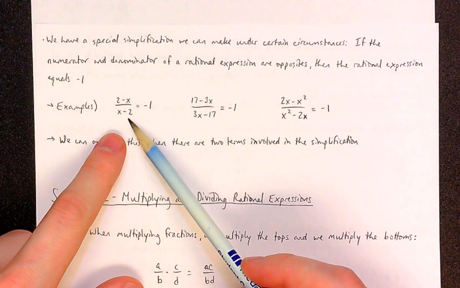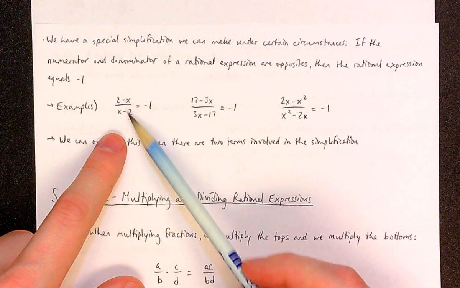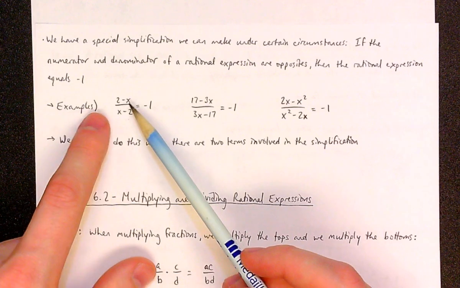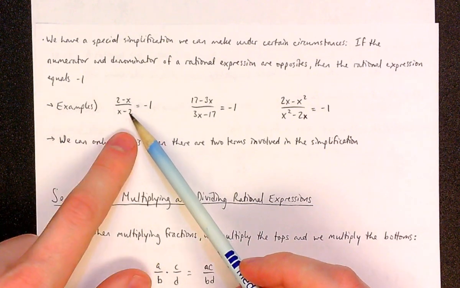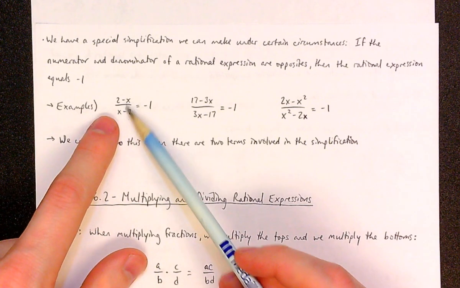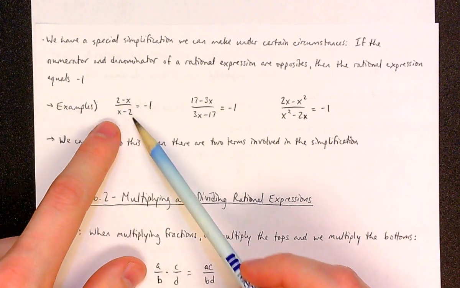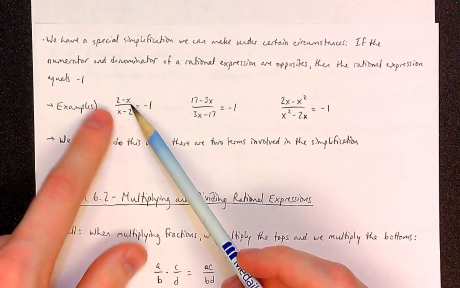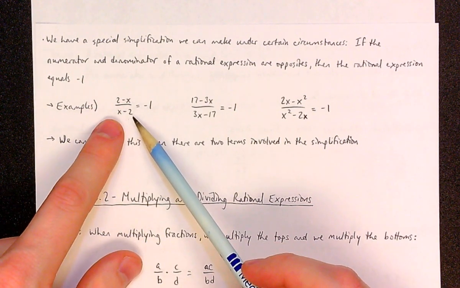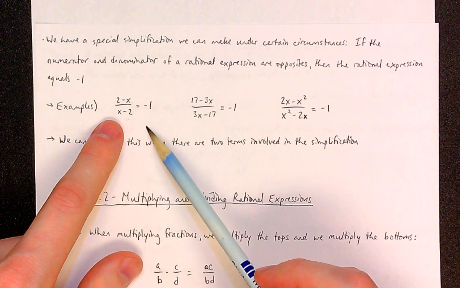You still have the same sign that's in the middle, but the terms are just switched. So here, 2 minus x over x minus 2. Same sign in the middle and the same terms between the top and bottom, but we just switched the places to get the other piece.